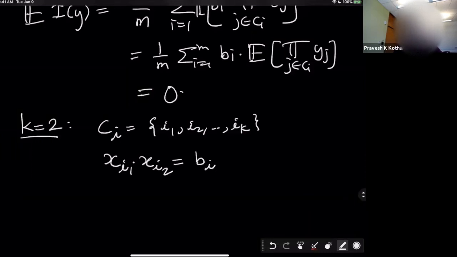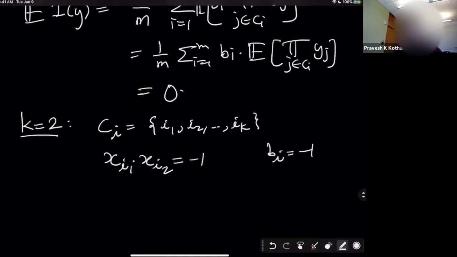That's basically a two-sparse linear equation. Now, if bi equals, let's say, -1, for whatever reason, then this constraint is just saying that xi1 and xi2 should get opposite assignments. So this is a problem you've seen before. What problem is this?